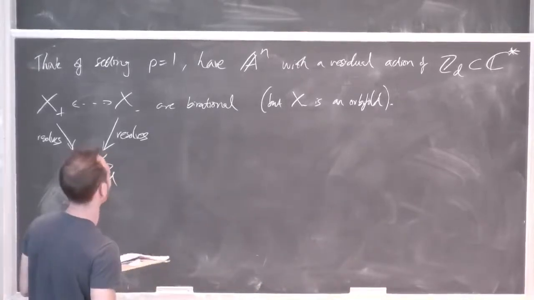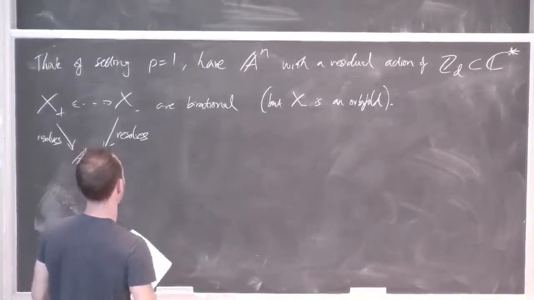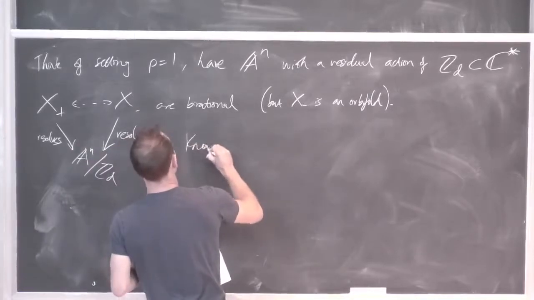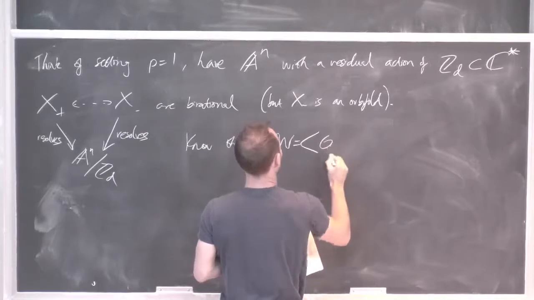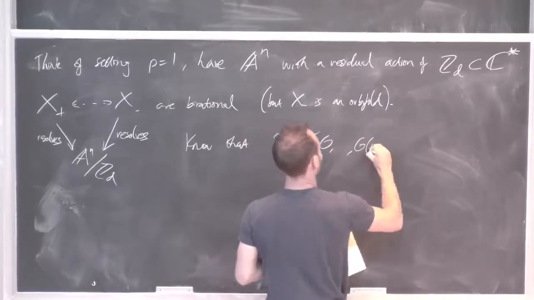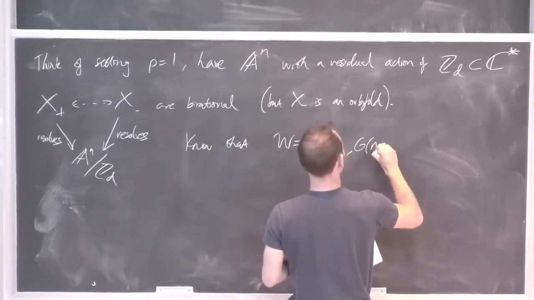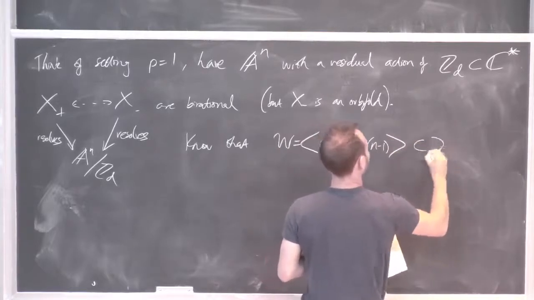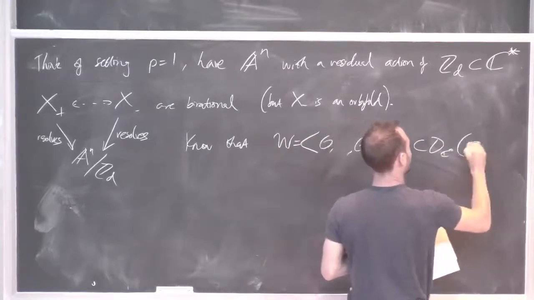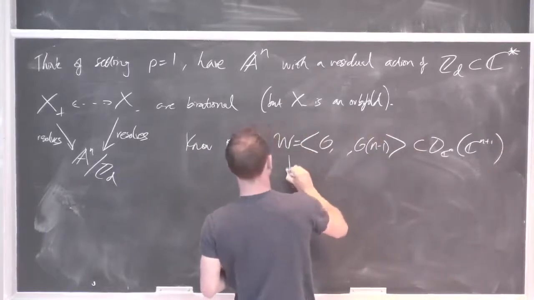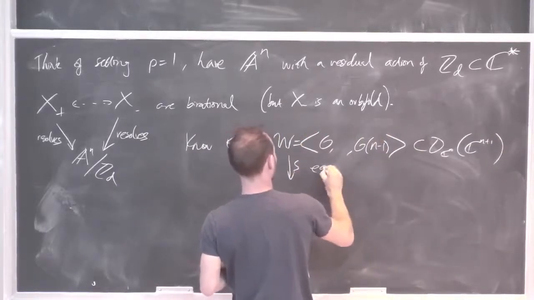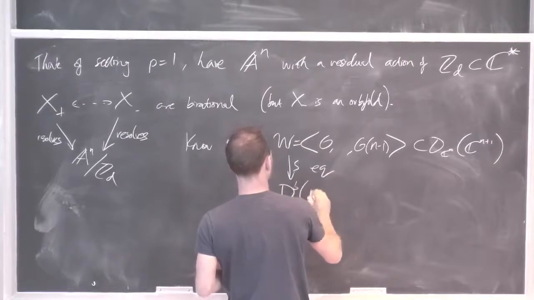Okay, so what do we do with the derived categories? We know that if I take the window to be O up to O(n minus 1) inside the equivariant derived category, we know that this is equivalent to the derived category of X plus.